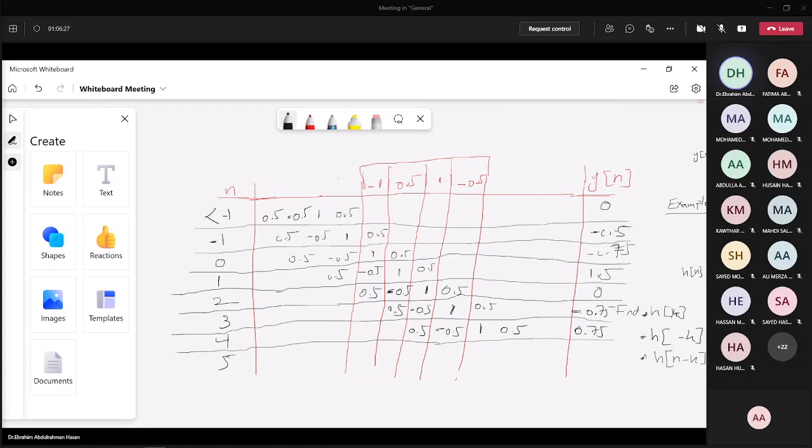Move it to the right, so it becomes 0.5 here, minus 0.5, 1.5. So then we have multiplication of minus 0.5 multiplied by 0.5, so it is minus 0.25. Okay, if it is equal to 6, move it to the right, so then it is 0.5, minus 0.5, 1.5.